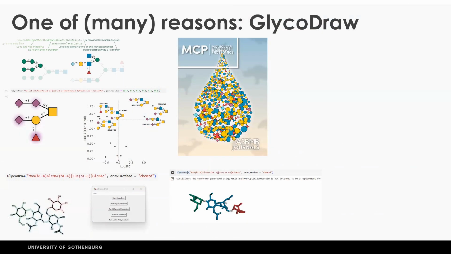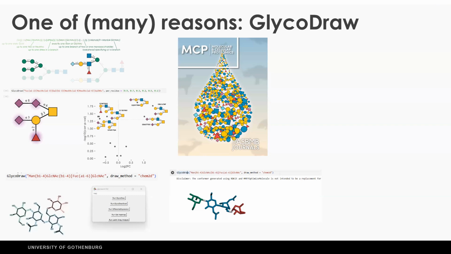We also produce a lot of tools that we ourselves initially need, but then we make them available, hopefully, to the community, as some other people might also find them useful. So this is Glycodraw, for instance, which we use to draw SNFG-conform glycan cartoons as vector graphics, which we then also use in figures, as you can see here, where we can automatically annotate figures with the SNFG cartoons as vector graphics.